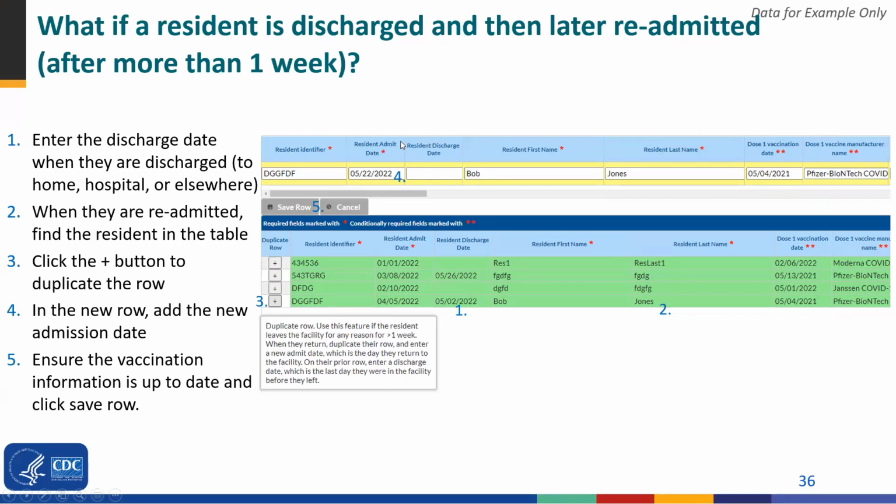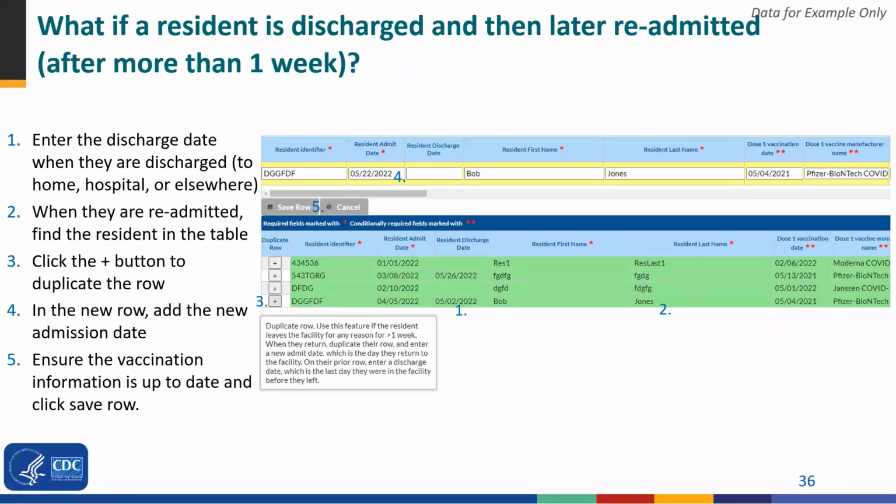And it will pop up in that yellow box at the top of the screen. Now, the only thing you need to do here is quickly review and make sure he hasn't had any status changes, any changes in the number of vaccines he has received. And then you'll delete the discharge date and enter the new resident admit date. So in this case, he was readmitted on 5/22.